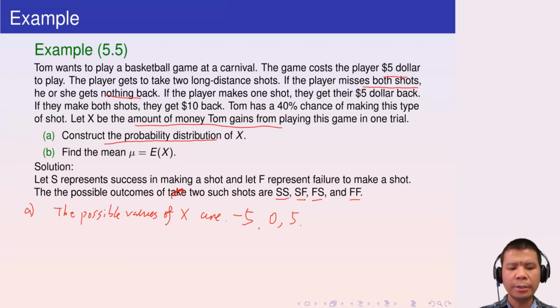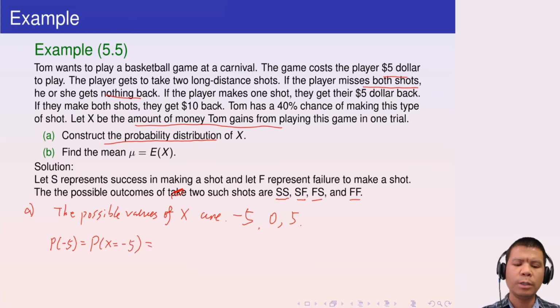Okay, so then we want to find the corresponding probability values. So what is P of -5? By definition, that's the probability that X equals -5. When X equals -5, that is to say the player misses both shots, that's FF, the probability of fail and fail.